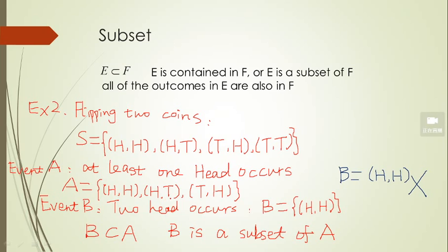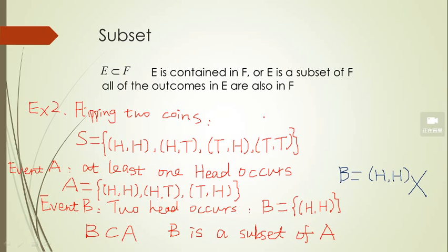That is also an event E, a subset of A. You can give another definition of an event which is a subset of event A. Here we just list one example. Again, for an event, you should know how to describe it using words or list all the outcomes.